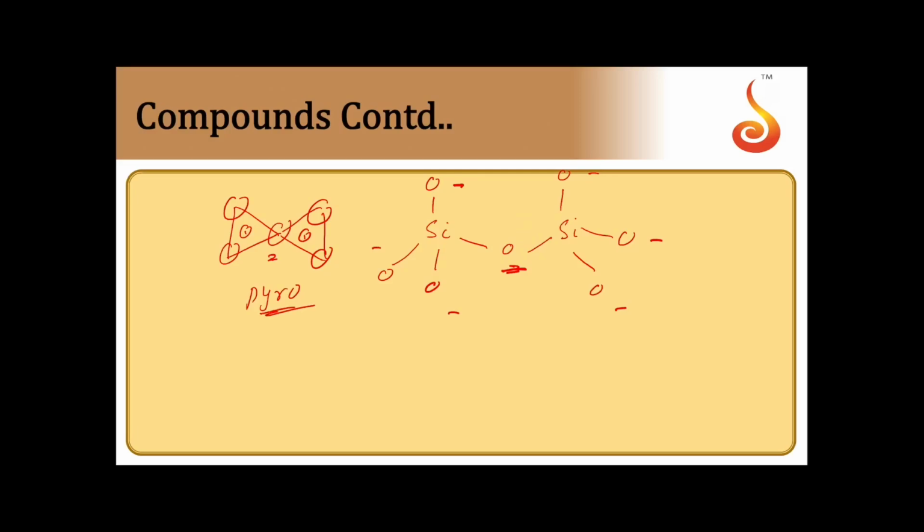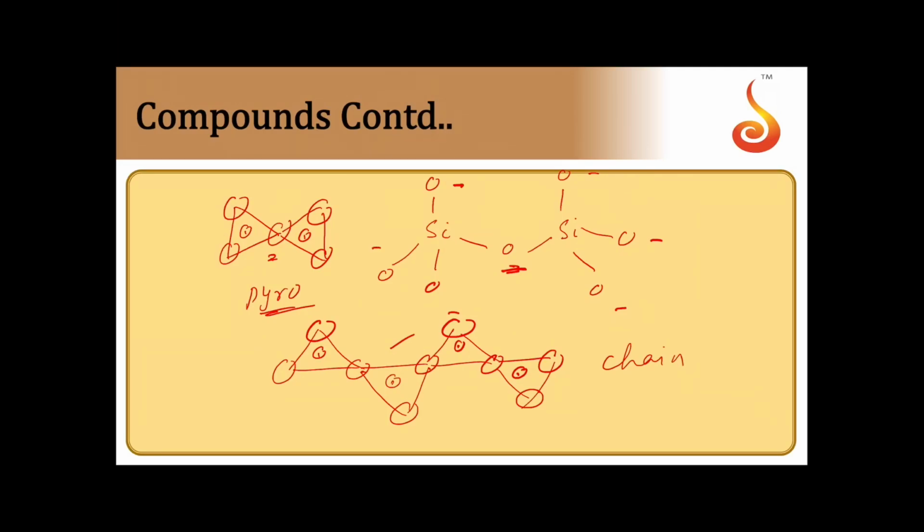Suppose two are being shared, then the structure comes like this. It can extend like this also, and can form a chain or else a ring. In the corners it is shared here. So this one silicate unit is sharing two oxygen atoms, which leads to the formation of a chain.